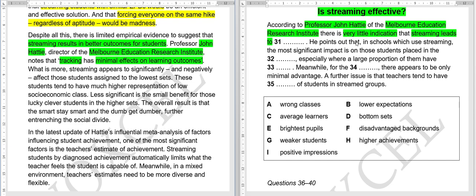So here they are saying that there is very little indication, and for very little indication they have told little empirical evidence. Clear? Streaming results in, streaming leads to. So the answer is in this particular sentence. So again, one more thing that I forgot to tell you, you will not find the exact words.